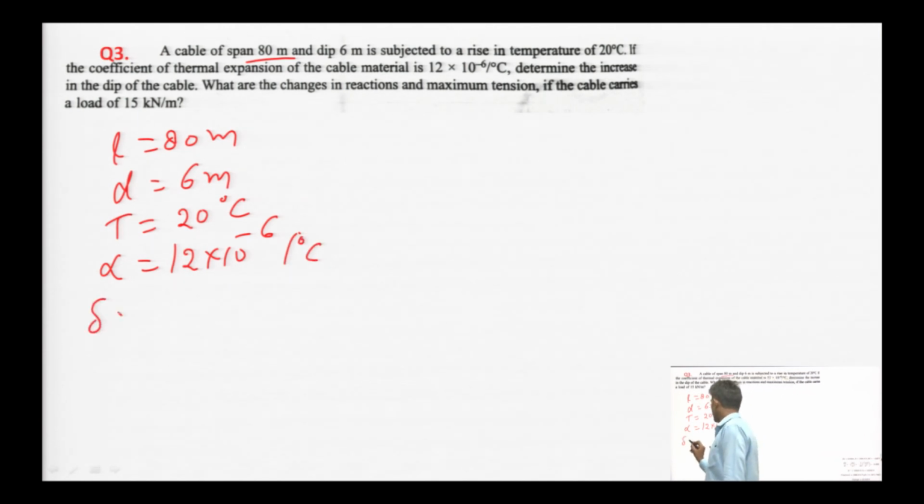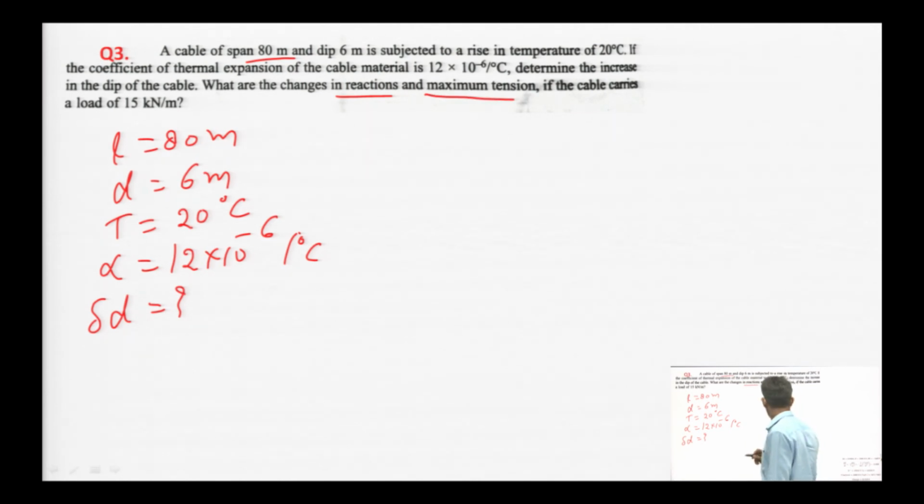Here we need to find delta D, the increase. As I told you, if the length of the cable increases, then the dip will definitely increase. What are the changes in the reaction and the maximum tension? That we need to calculate.